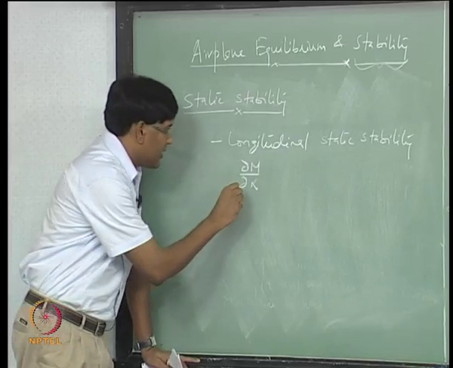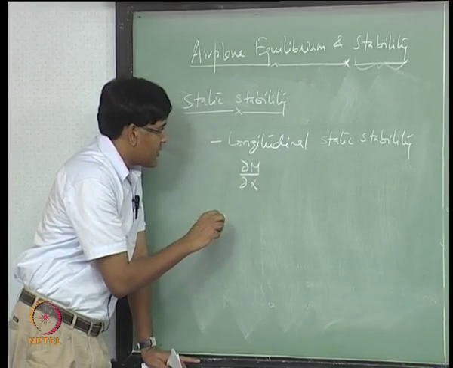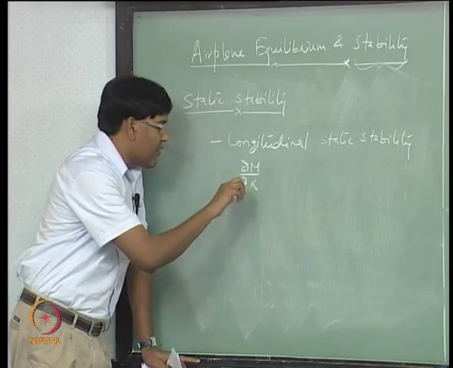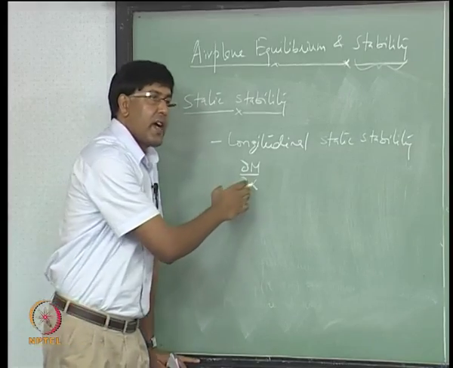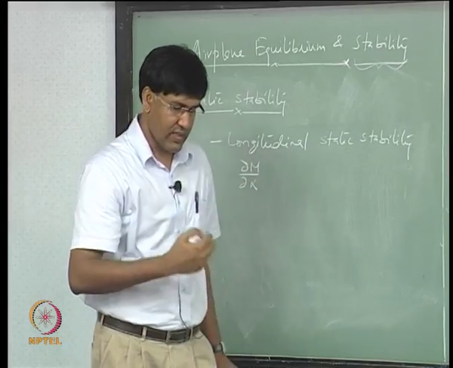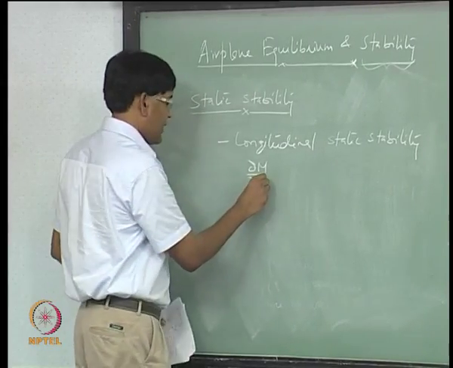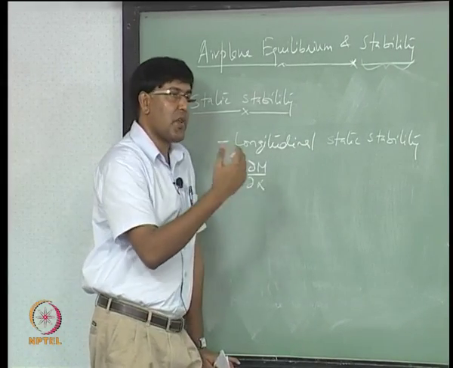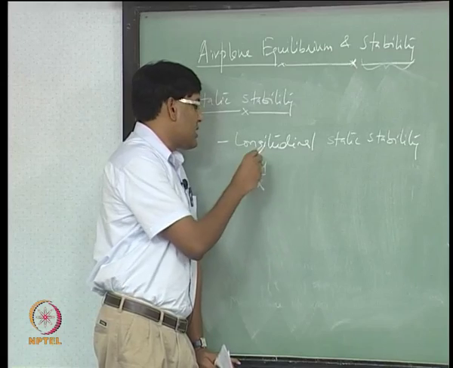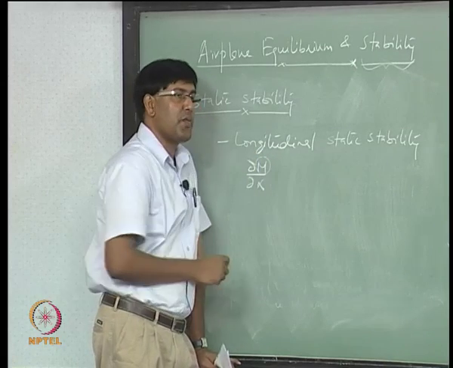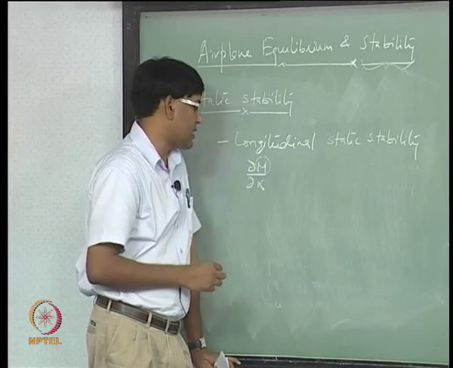So, what this means is, whenever there is a change in angle of attack because of a gust, and there is a change in angle of attack in the positive direction, what is happening to this pitching moment to ensure static stability?